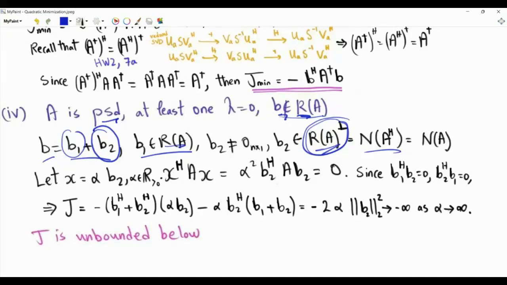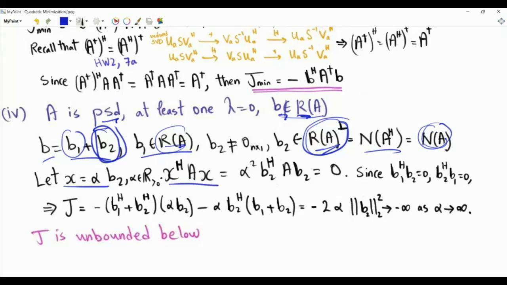One of them is in the range of A, and the other component is in the null space of A, which for our Hermitian matrix is a subspace that is orthogonal to the range of A. Now let vector X be a positive real number times B2, this component of vector B that is not in the range of A, but is in fact in the null space of A.